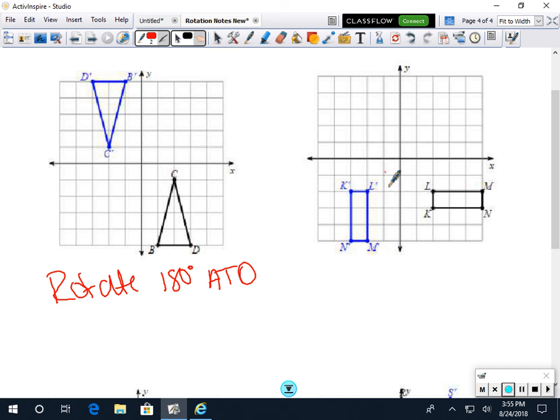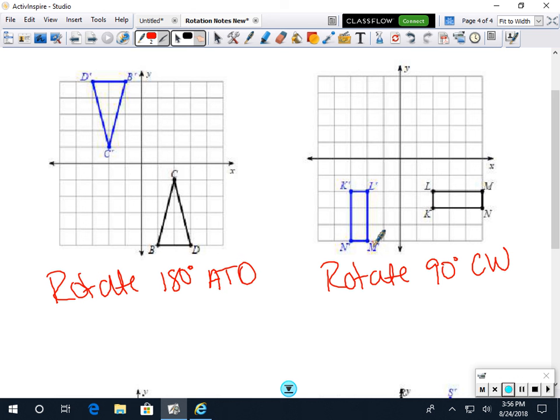All right, for the second graph here, I'm rotating the pre-image. Okay, and there's 2 different ways that I can say that I rotate this. I can say that I rotate clockwise 90 degrees. And I abbreviate clockwise CW.